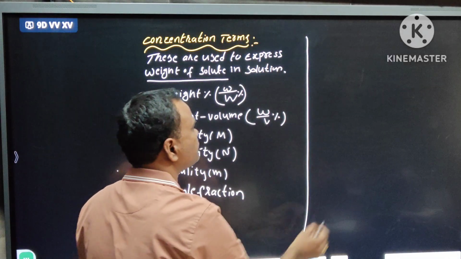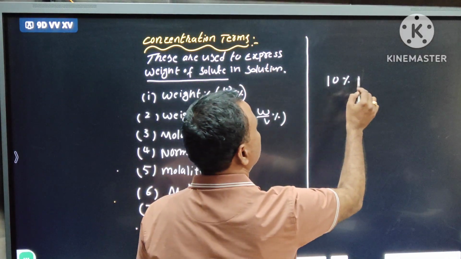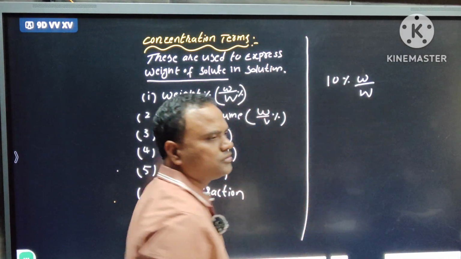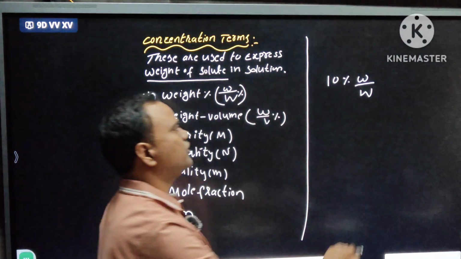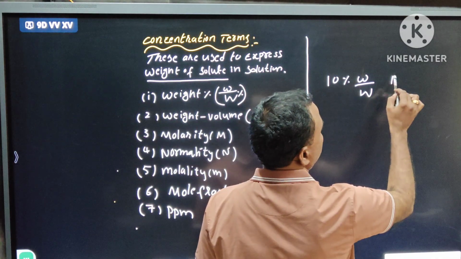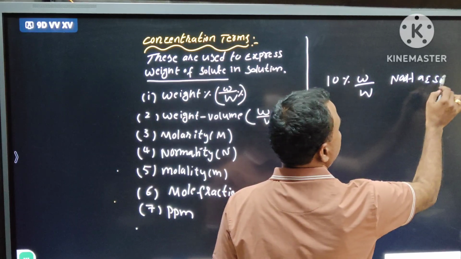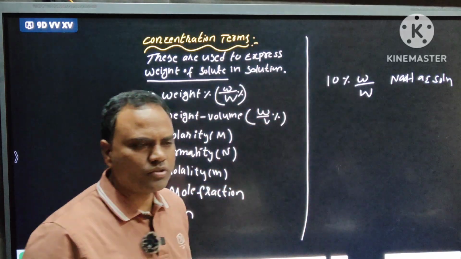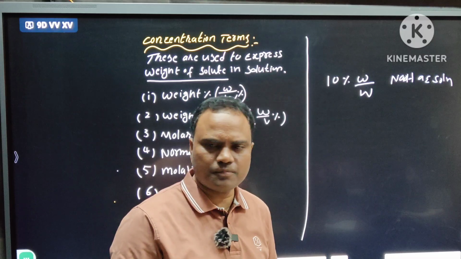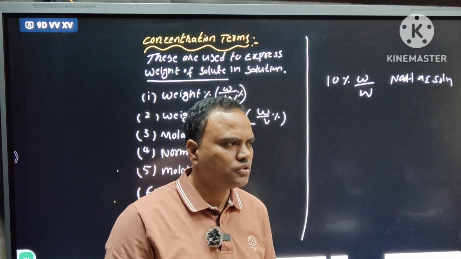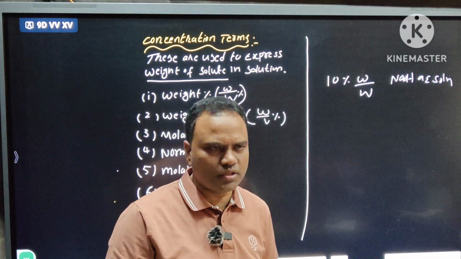Akshara, can you give the meaning of this? Just checking. What is the meaning of W by W, NaOH aqueous solution? Can you try, Shruti? Can you give its meaning? All are second years only, na? Anybody?